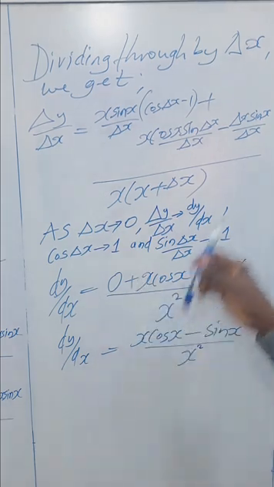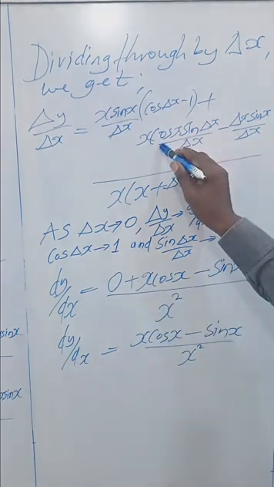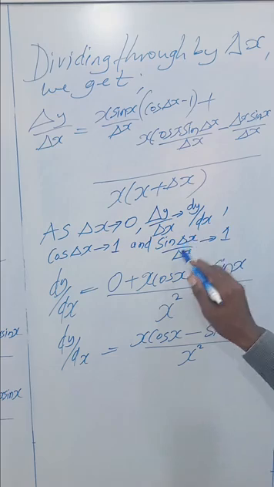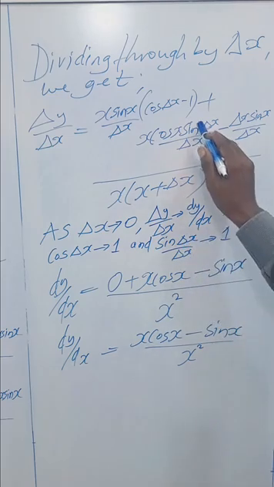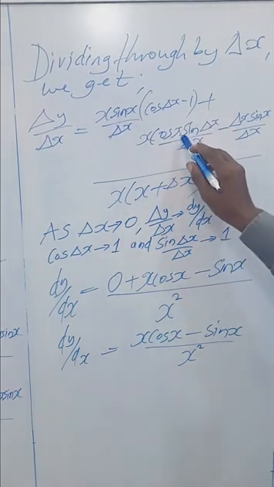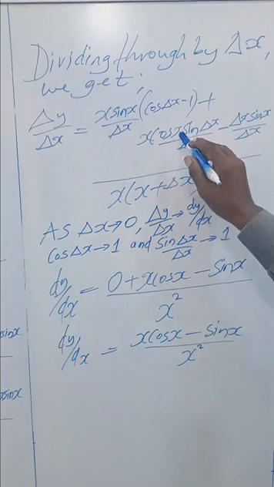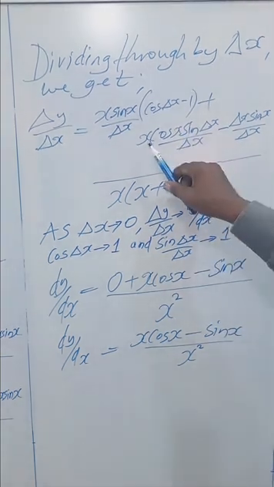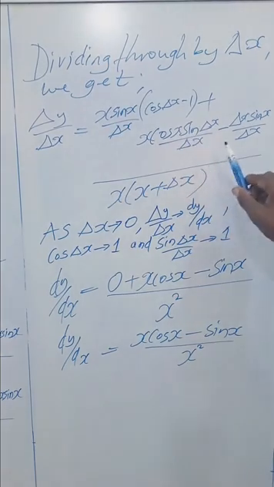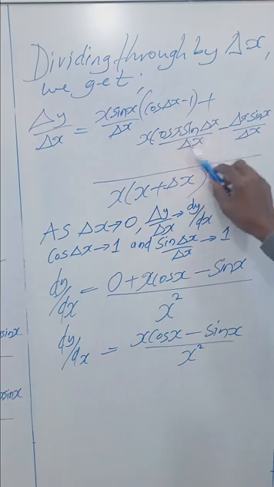Plus the second term, which is combined with the expression sine delta x over delta x. If you separate by putting a multiplication sign in between, you have two terms. The first one is x cos x. The second one is sine delta x over delta x, but this one approaches 1.